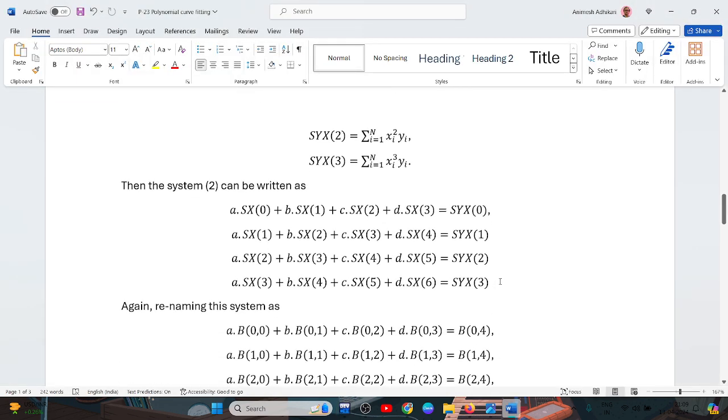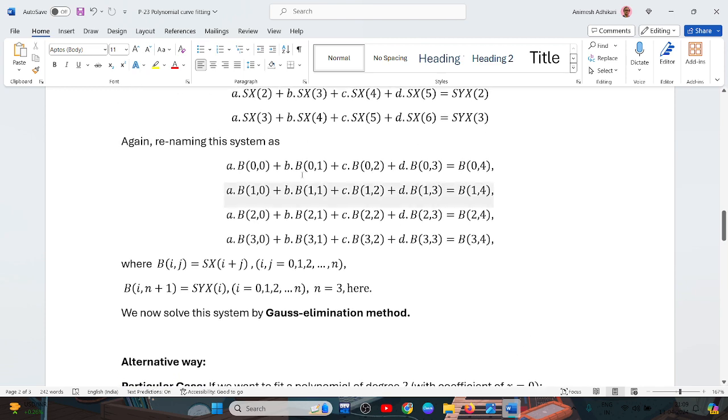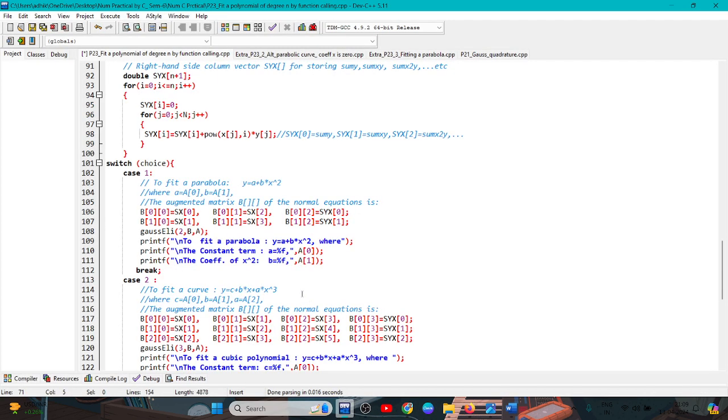This is the b00, b01, b02, b03, b04, b10, b11, b12, b13, b14, and this is for n equal to 3. So when n equal to 2, accordingly you write this.